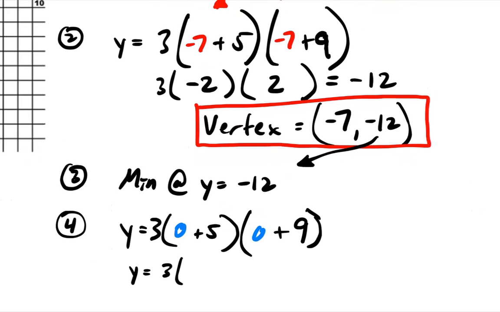I get 3 times 5 times 9. It can be really big. 3 times 5 is 15, times 9 is almost 150. What's 15 times 9? 135. Thank you.